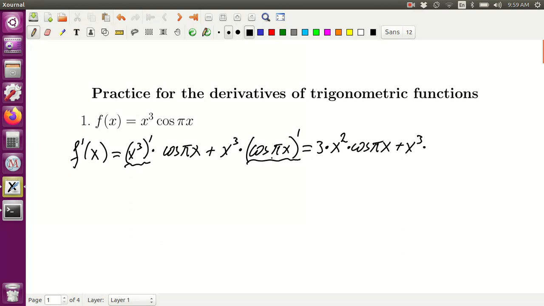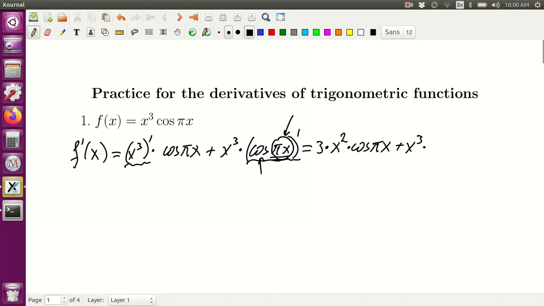Unfortunately, this cosine has pi x inside of it, so we can't just apply the rule for cosine. We would have to use the chain rule. Here we see that the last step in calculating cosine of pi x would be taking the cosine. So cosine is the outside function and pi x is the inside function.